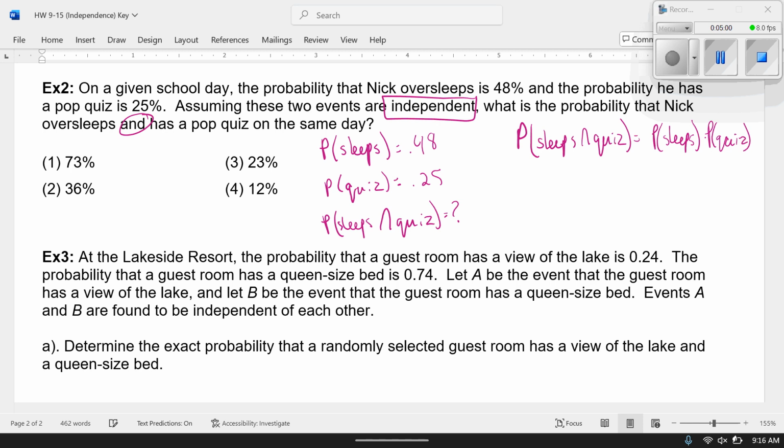So we got, let's see, sleeping is 0.48 times quiz is 0.25. That is going to give you our desired amount. So 0.48 times 0.25 is 0.12. There is a 12% chance. You can only use these formulas, though, if they tell you that they are independent.